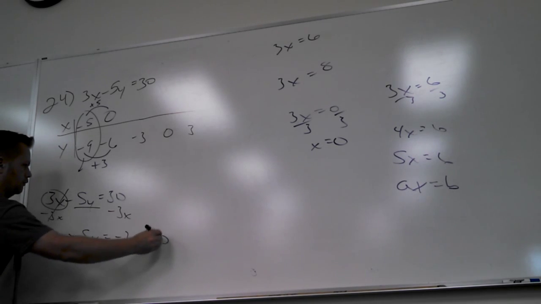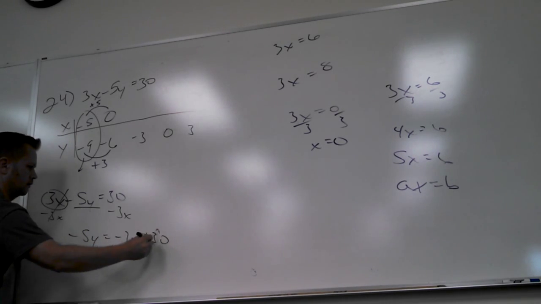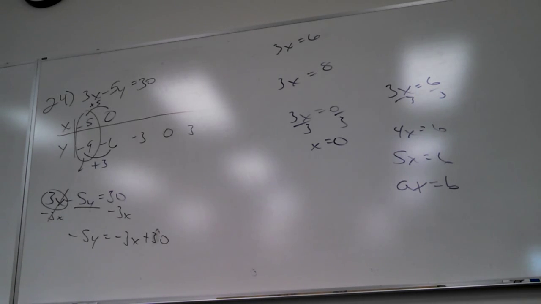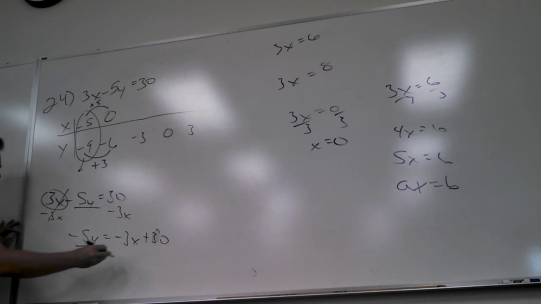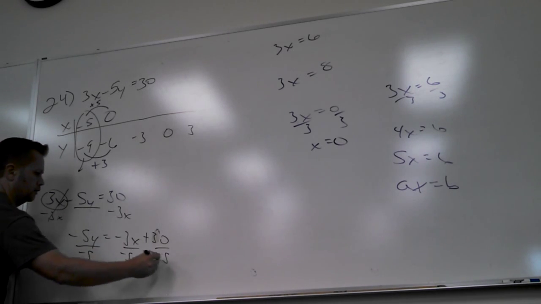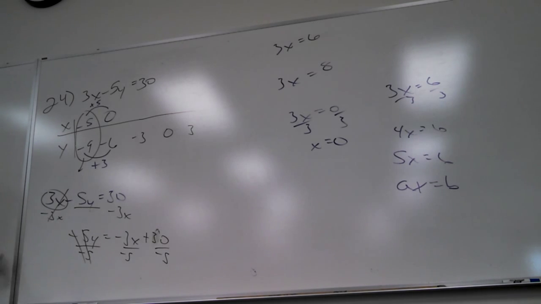And then what? Divide by negative 5. Can't add 5. Addition can never cancel multiplication. It's not powerful enough. You got to divide by what you don't want there. I put it under each piece. You guys with me so far?